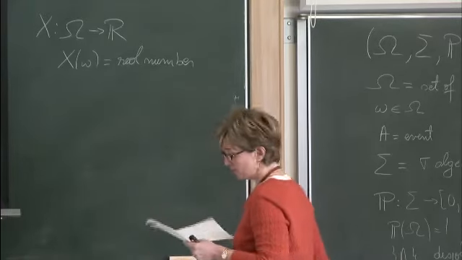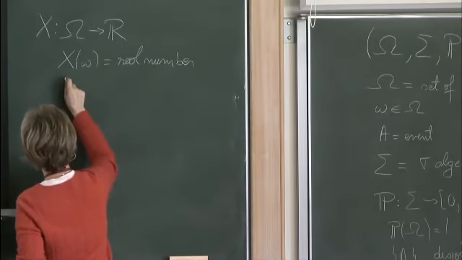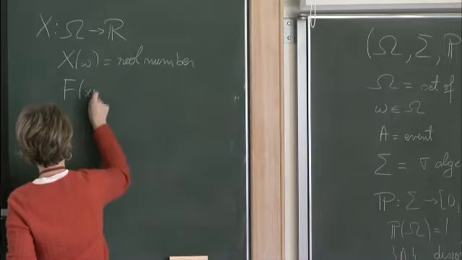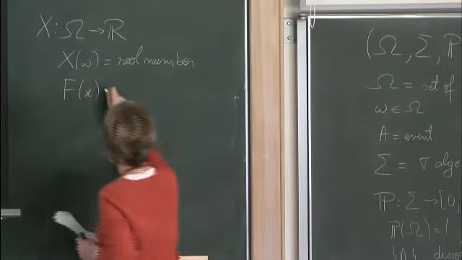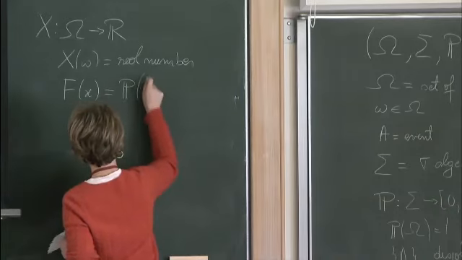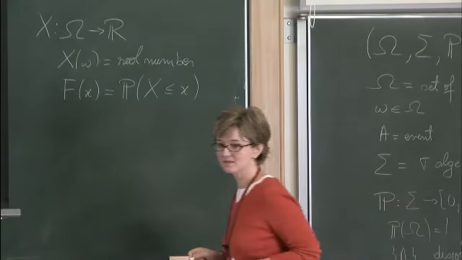And for this, we are going to talk about the distribution of this random variable, the cumulative distribution, which is defined as the probability that X is less than or equal to the value x.